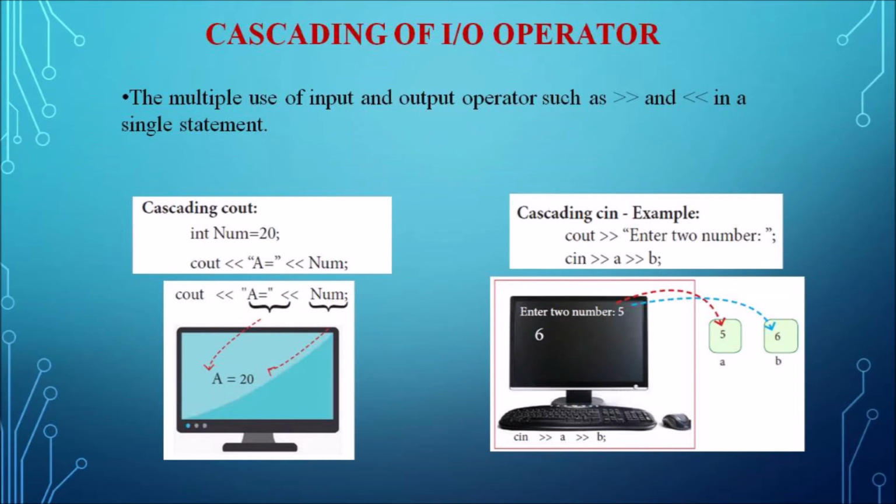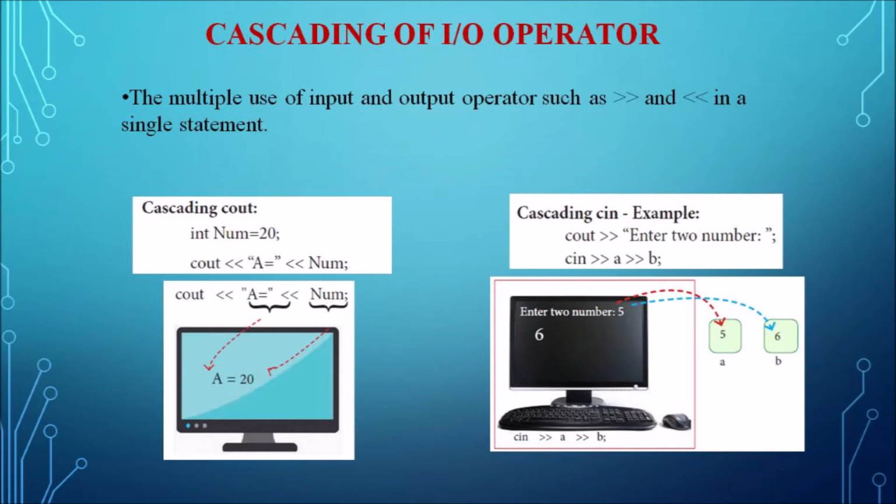So this is how the cascading cout is used. Here, as I said, the "a =" is given within double quotes, so it is displayed on the monitor, and the value in num is 20, so that value is displayed on the monitor. This is how the cascading cout is used.